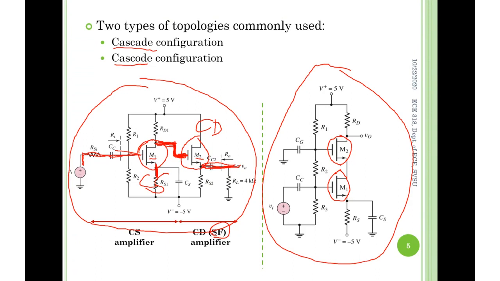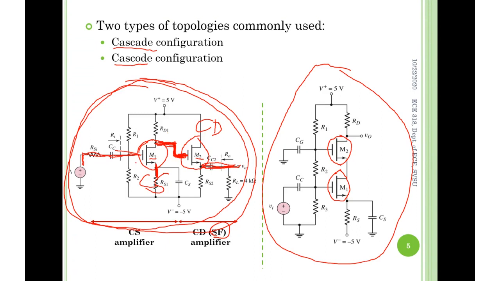We are telling stage by stage. You're not telling the overall circuit, which is a multiple stage circuit. We're not saying the common terminal for the entire circuit; we're talking about individual stages. This is the first point.